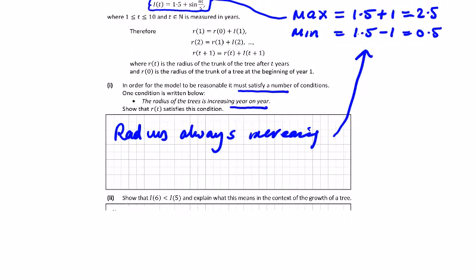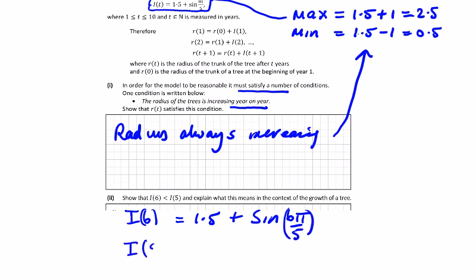I of 6, is it less than I of 5? Well, I of 6 is going to be equal to 1.5 plus the sine of 6 pi over 5, and I of 5 will be equal to 1.5 plus the sine of 5 pi over 5, which is just pi, and the sine of 180 is 0, so this is just equal to 1.5.